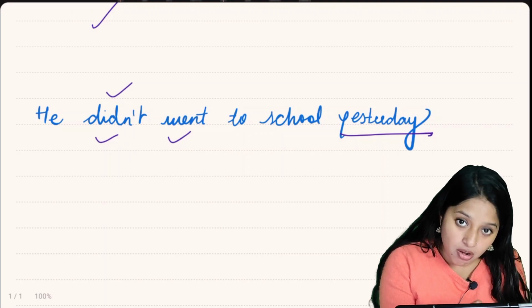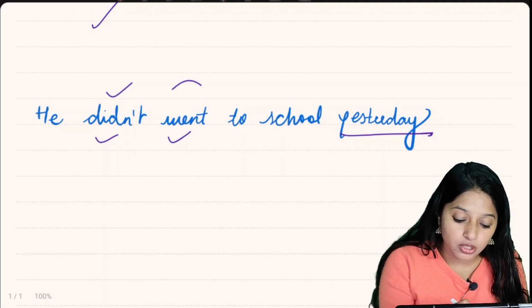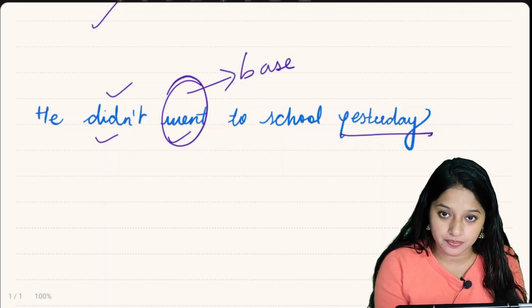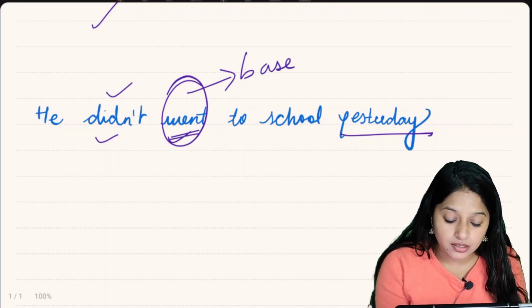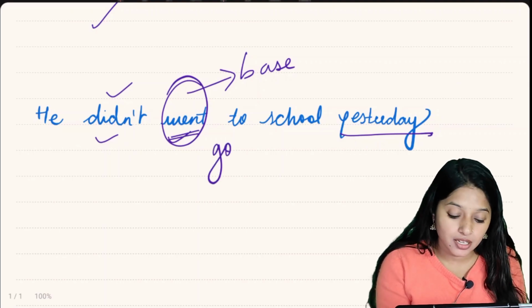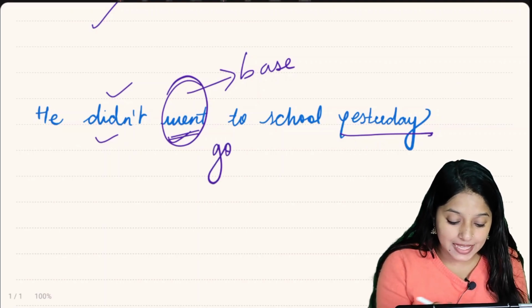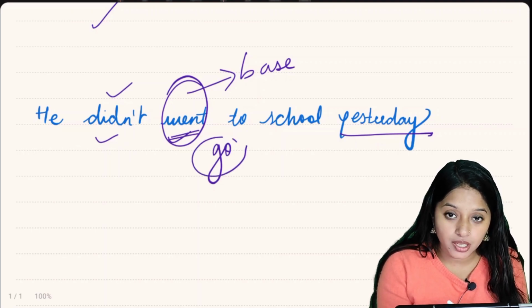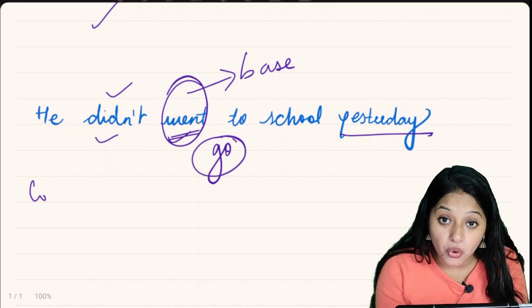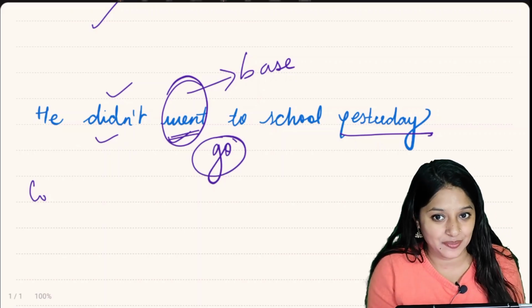So if it is already didn't, then we will use the first or the base form of the verb. Went is the second form of the verb go, right? So we will re-say the sentence using the verb go. So the correct sentence would be, he didn't go to school yesterday.